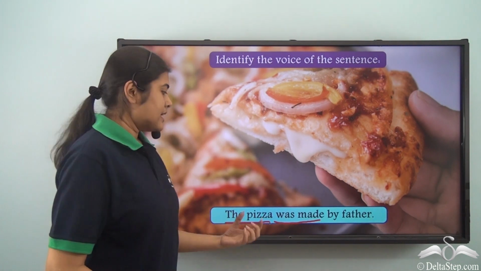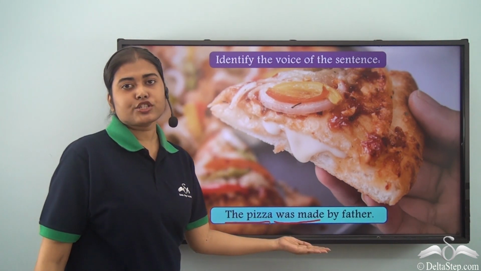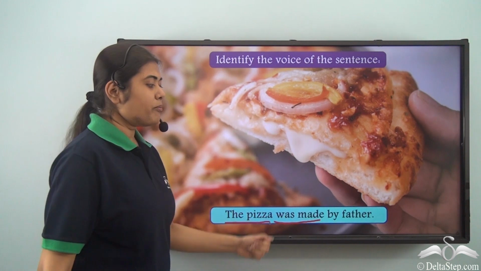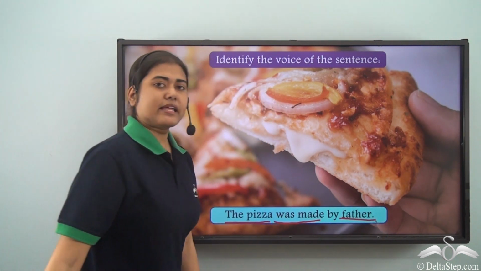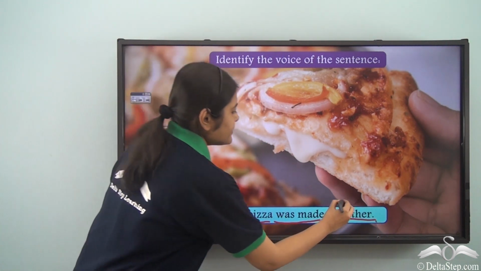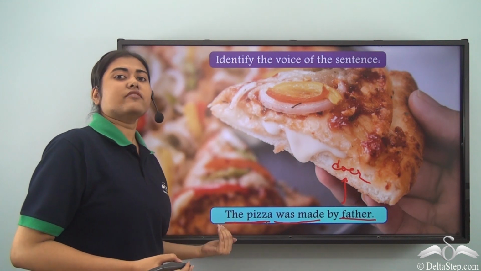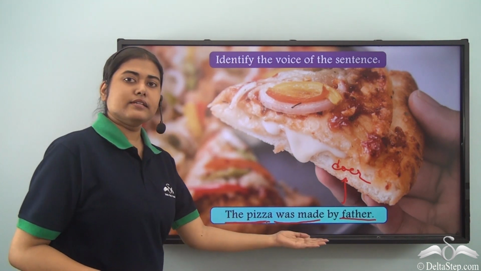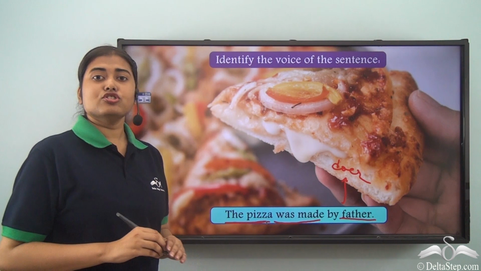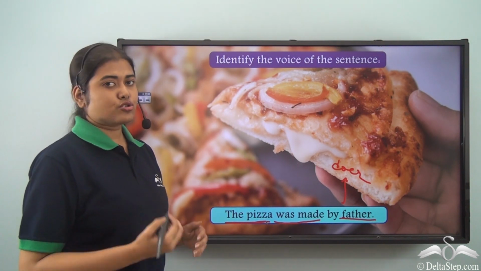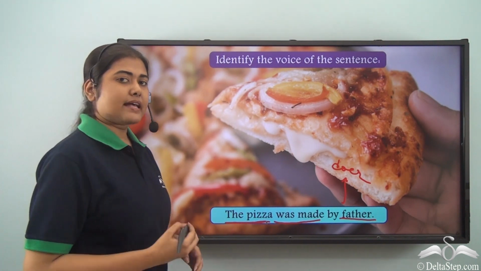In this case, is the pizza performing this action? No. Who made? Father made the pizza. So father is the doer. So the pizza is the receiver of the action was made. Hence, the subject is not the doer in this case. So it is in the passive voice.